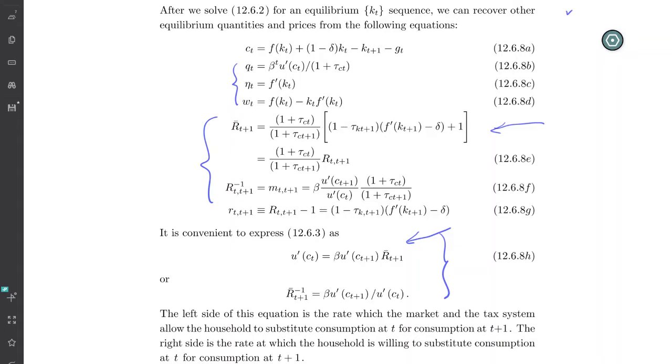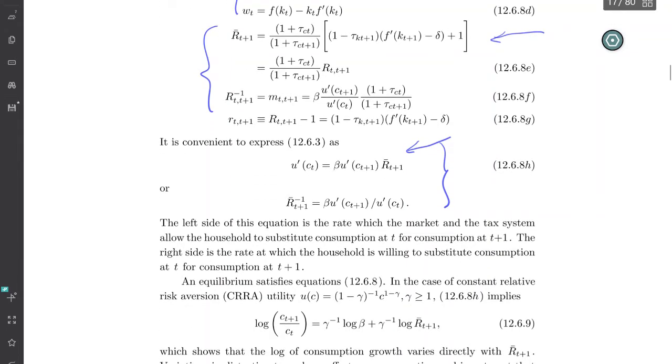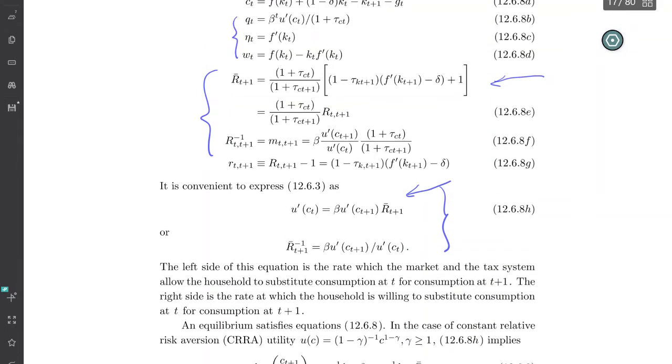Okay, so it's useful to stare at this, and what we do in this chapter is we do a little staring.